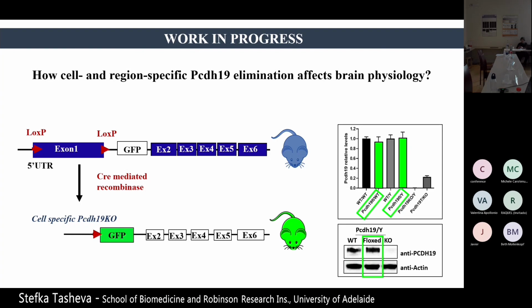So after Cre-mediated recombination, we see the expression of GFP and elimination of PCDH19. We also tested whether this genetic modification could affect the endogenous level of PCDH19 on mRNA level as well. We haven't seen any differences, which means that it's not making any changes in the endogenous expression.